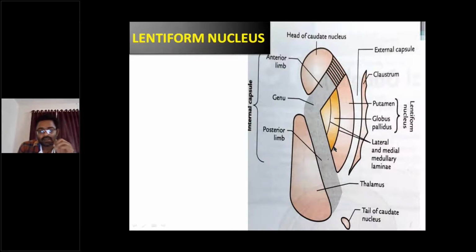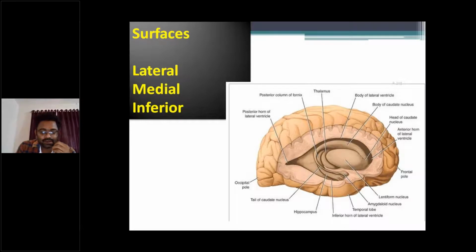So these are the surfaces of the lentiform nucleus. The lentiform nucleus has 3 surfaces: lateral, medial, and inferior. In this picture, this is the lateral surface of the lentiform nucleus, and this is the head, body and tail of the caudate nucleus, and the amygdaloid body or amygdaloid nucleus.